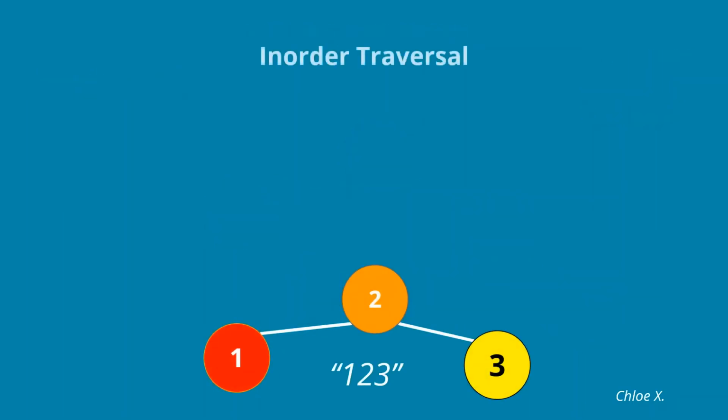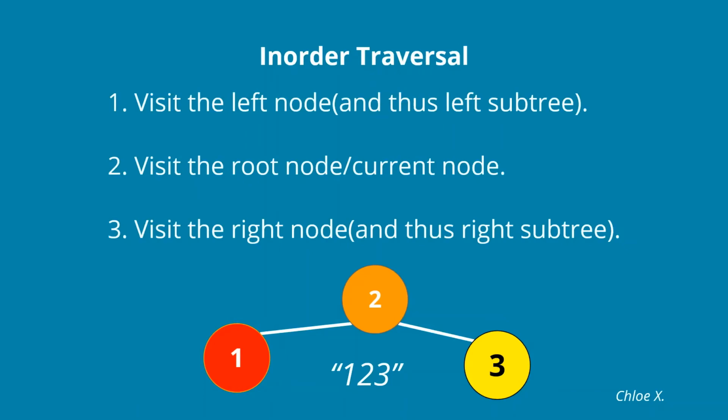I guess it's important to talk about the other traversals and how they differ. Inorder differs slightly. What we do here is, instead of visiting current first, the first node we visit is the left node, and then the current node, and then the right node.